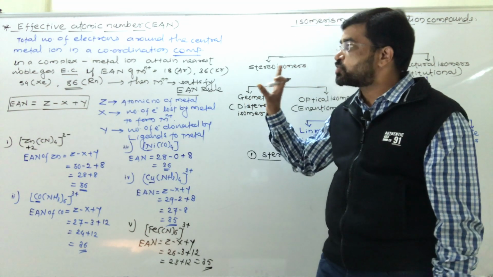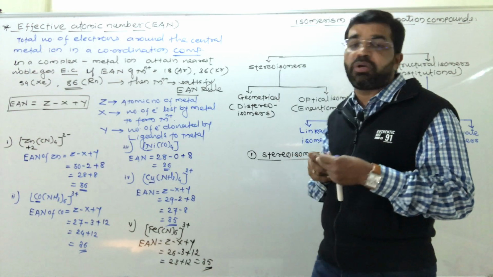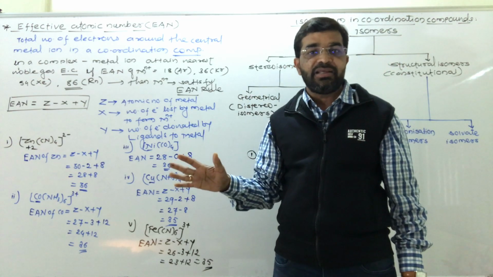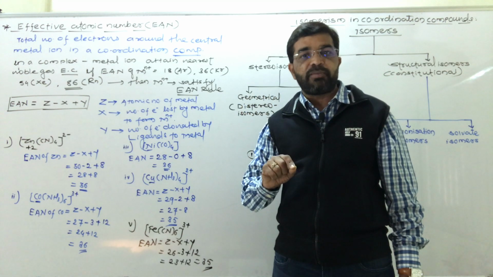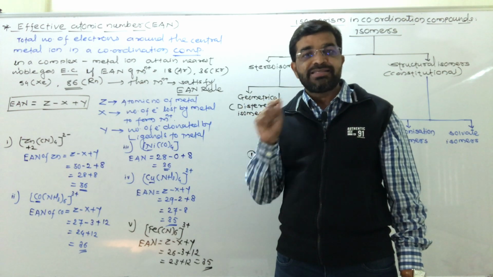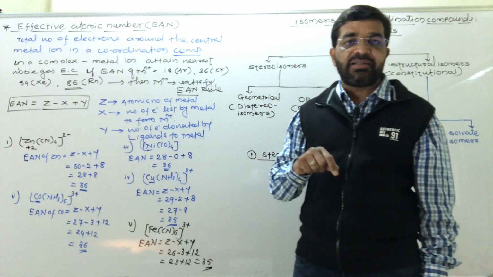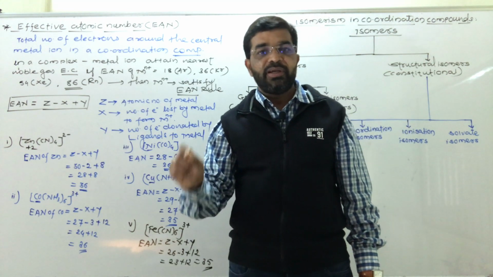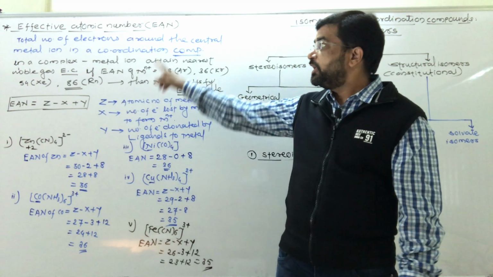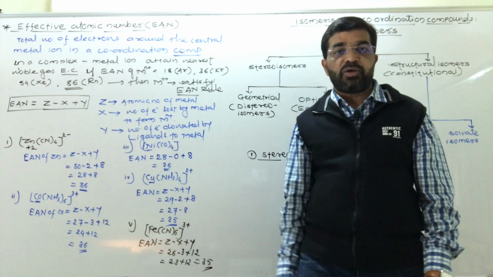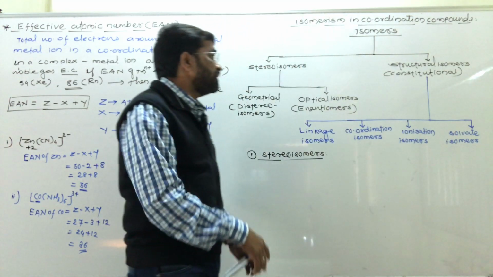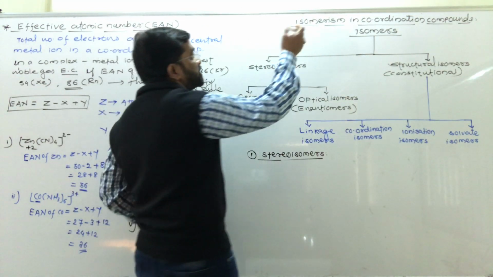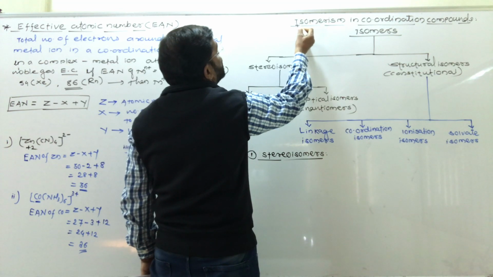in that complex. So this is about effective atomic number, that is EAN, total number of electrons present around the central metal atom or ion in a coordination compound, in a complex compound, is called effective atomic number. Now see the next point here we have to study, that is isomerism.